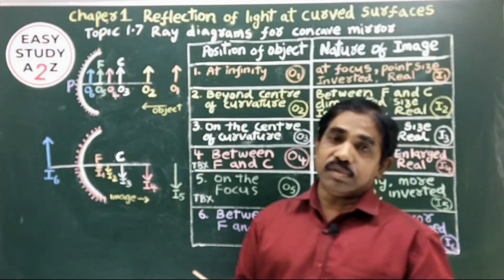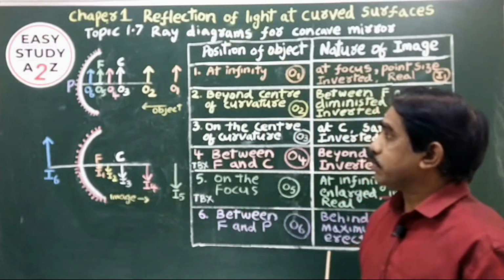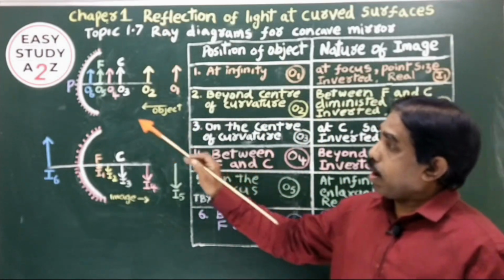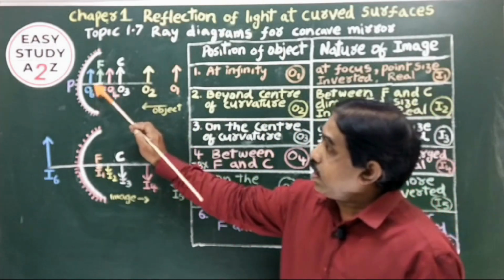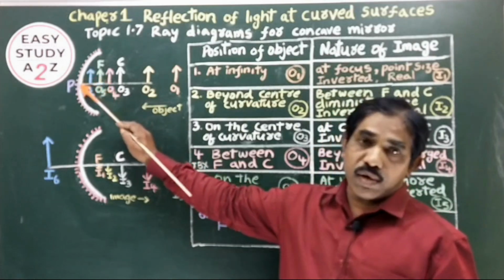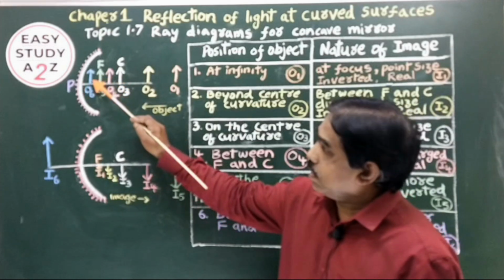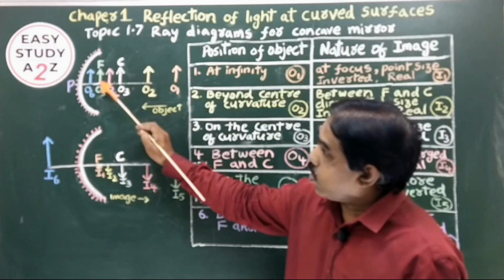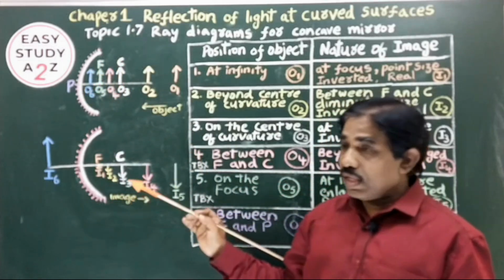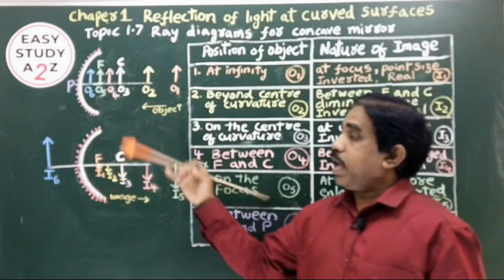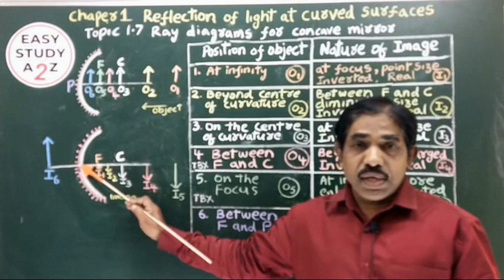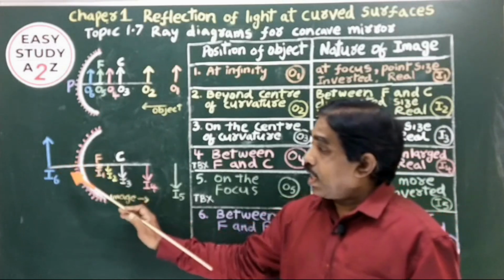Now at the last place, we have to remember: when the object is placed between the focus and the pole of the mirror, we get the image behind the mirror.